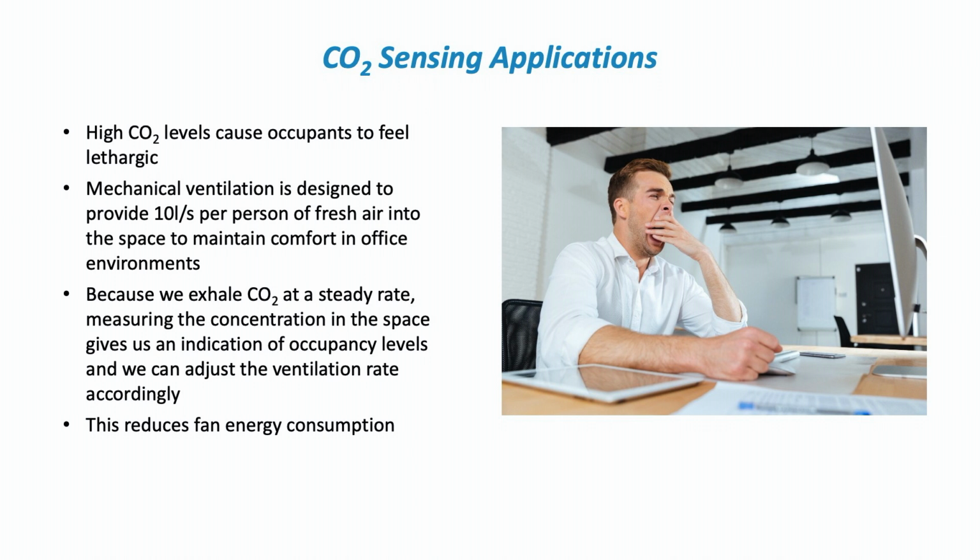Slowing a fan down by 20% will actually use about half the energy that it was before. So it's important to do this, and it's one of the reasons we see so many CO2 sensing applications these days.